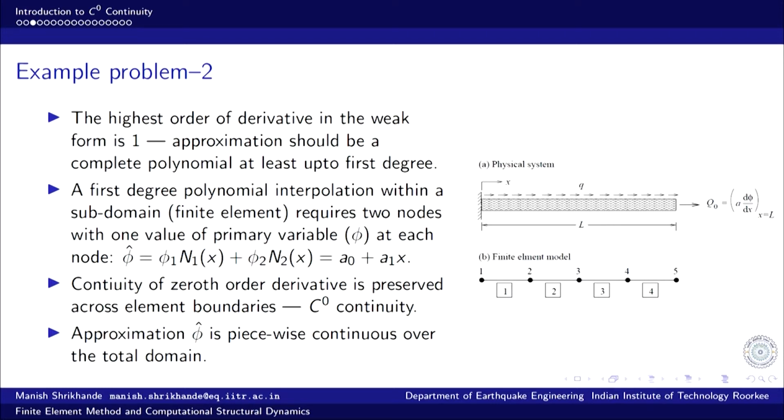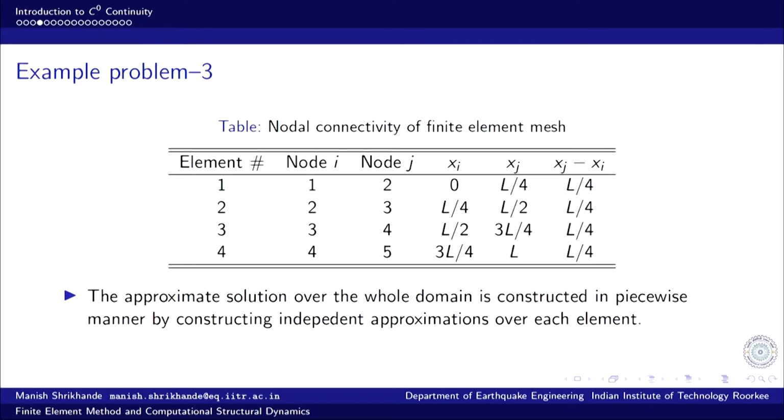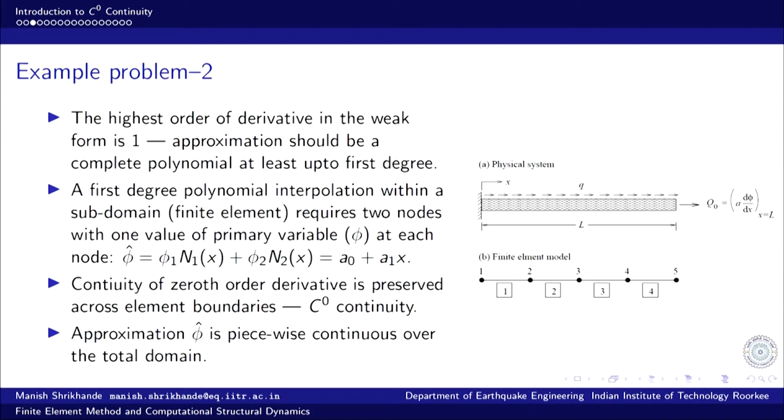We considered this to keep matters simple because the geometry is uniform, the distribution is uniform. So, there is no need for any different discretization. So, we divided the whole domain into 4 equal subdomains of length L by 4 each.